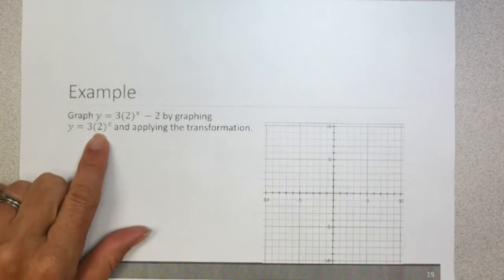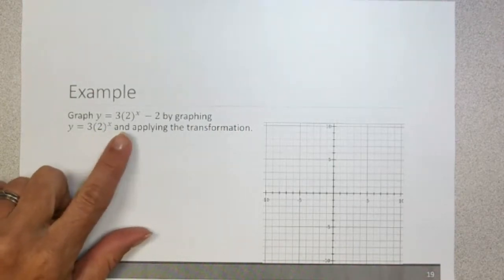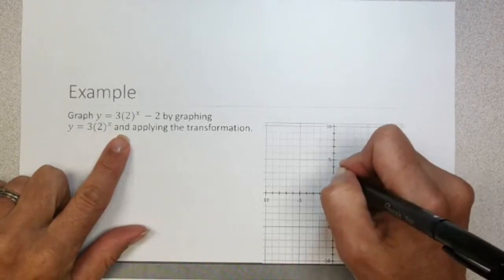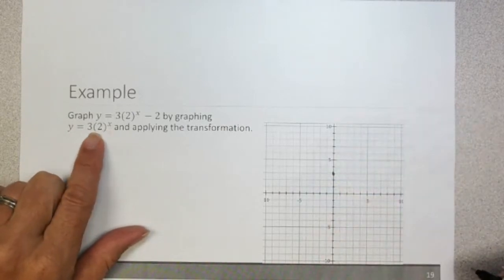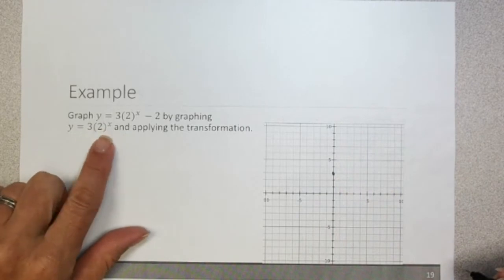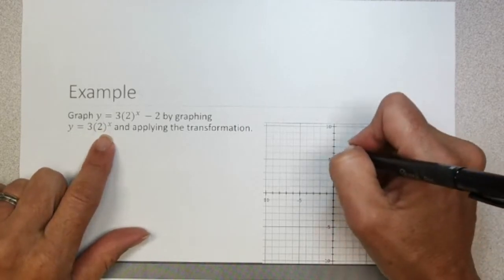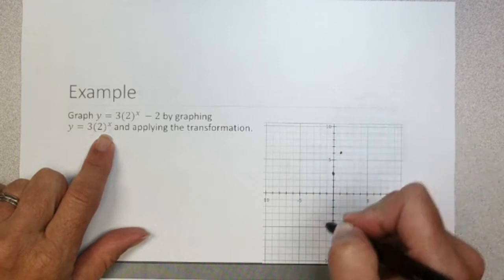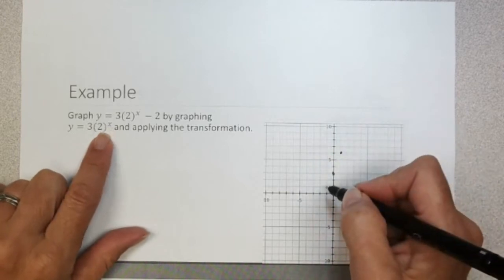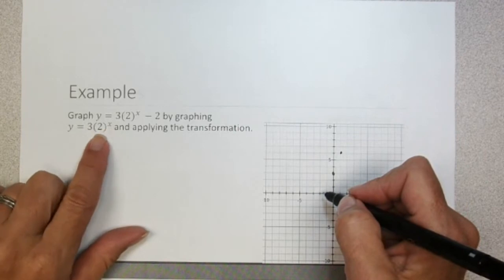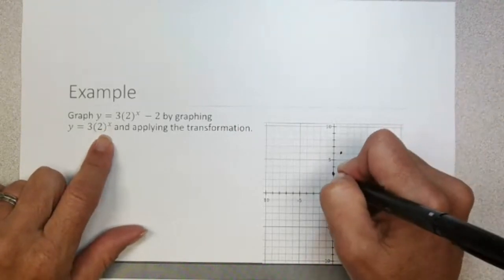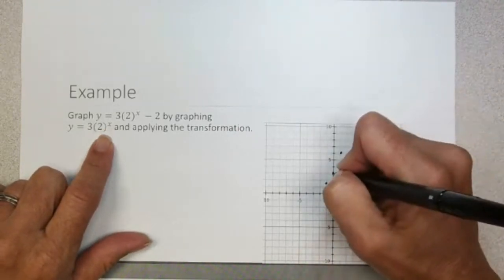The vertical intercept happens when x is 0. So 3 times 2 to the 0 is 3 times 1, so (0, 3) is on there. And when x is 1, 3 times 2 to the first is 6. I might do when x is -1 just to see: 3 times 2 to the -1 is going to be 3 halves. About right there, just to make it a little bit more accurate.